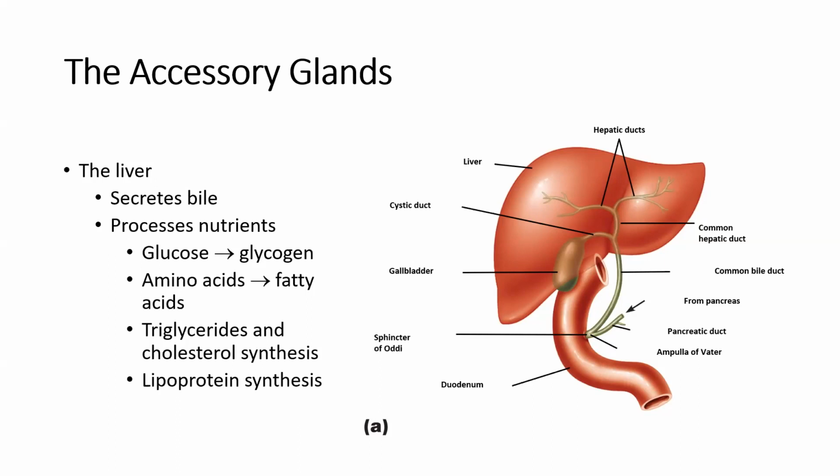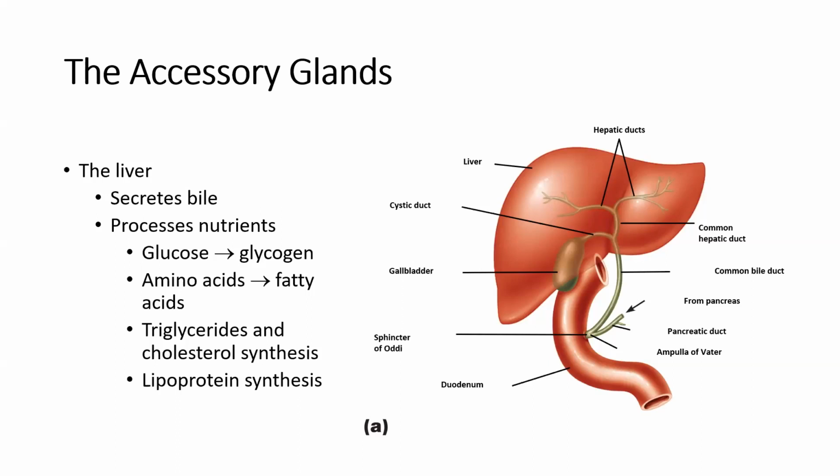Most of the glycogen storage happens in the liver. It's going to take those amino acids and they can be converted into fatty acids depending on the body's needs and the body's metabolic demands at that time. We can take those triglycerides and cholesterol and convert them either into their storage form or into lipoproteins that can easily be circulated through the body.